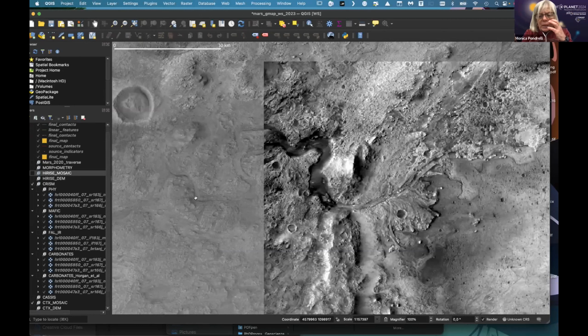Also because, try to imagine, data are coming each day. So now they are establishing new formations inside Jezero, which are described on the basis of rover data. And now how to introduce the unit here? Shall we use CTX data? Shall we use HiRISE data? It's complicated.